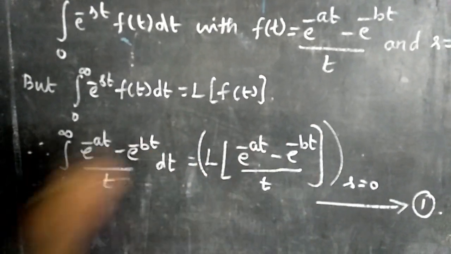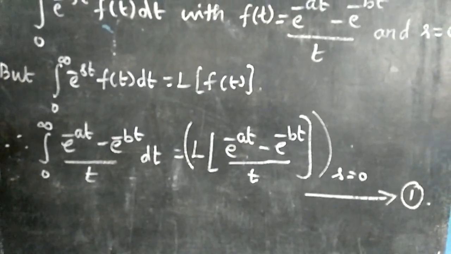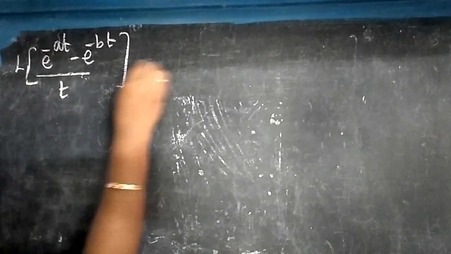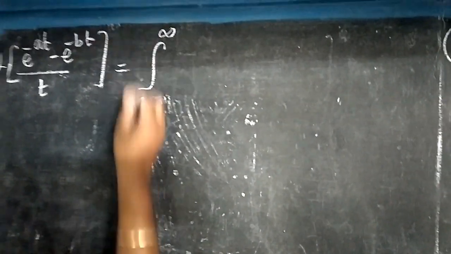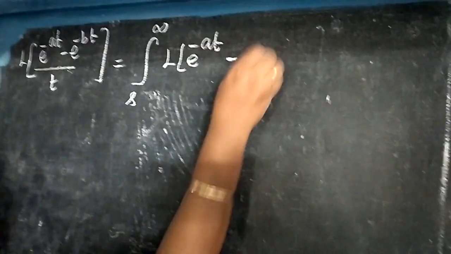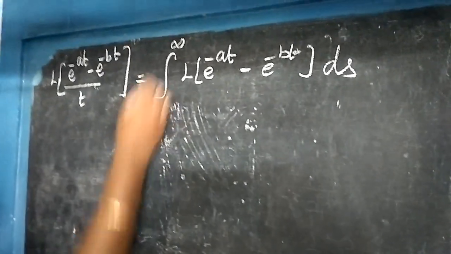Now let us compute the Laplace transform of e power minus at minus e power minus bt by t. Since this function is divided by t, it is the integration of the Laplace transform of e power minus at minus e power minus bt with respect to s between the limits s to infinity.